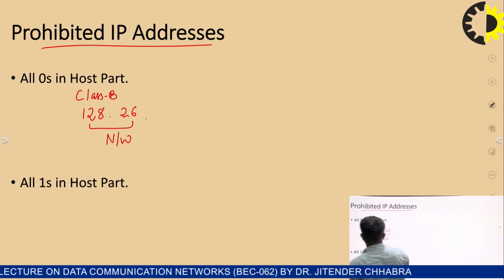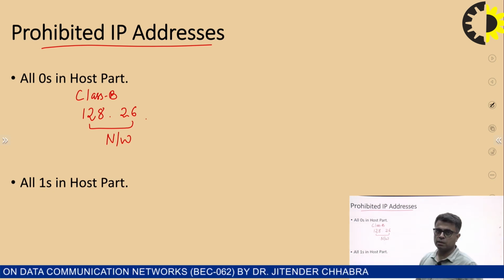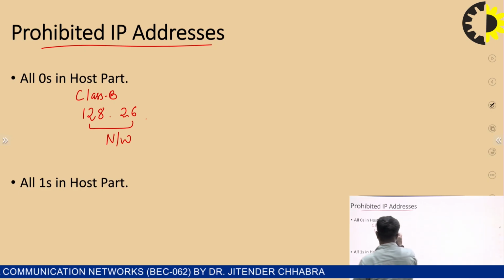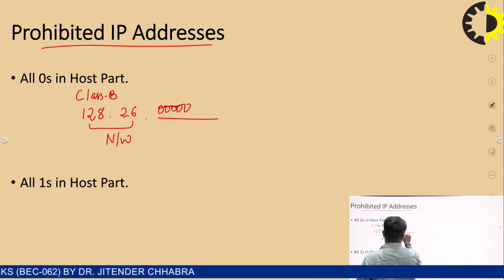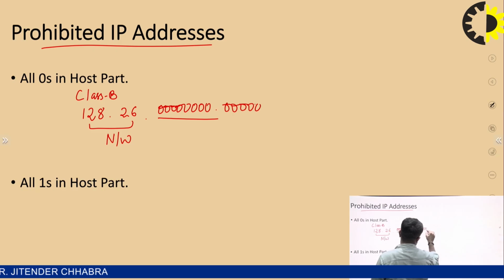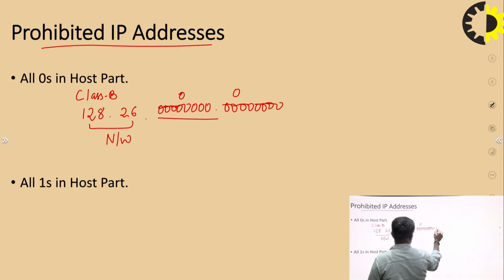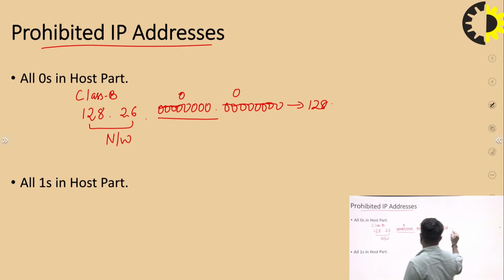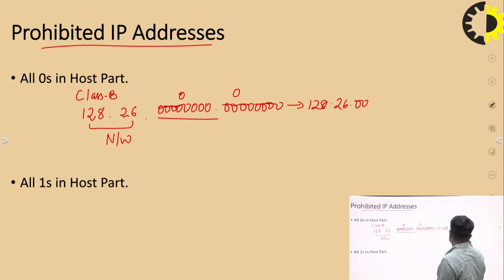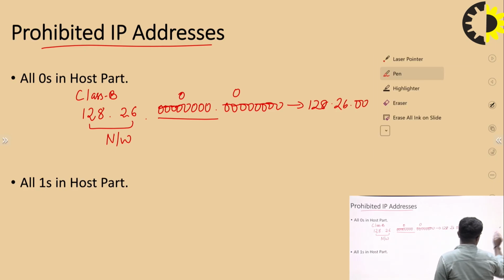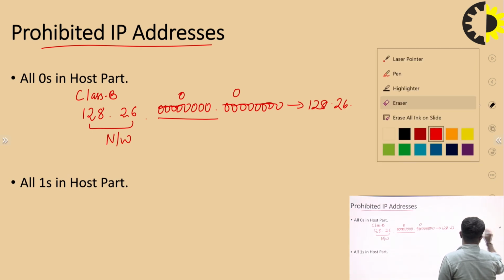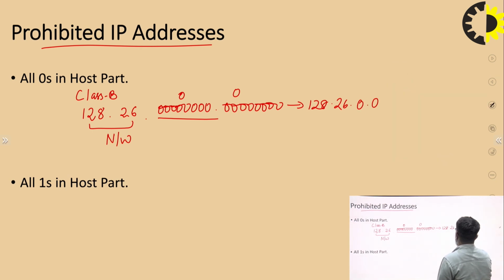So this is the network part, because in class B the first two 8-bit octets represent the network, and then the next two 8 bits are all zeros. That means 128.26.0.0.